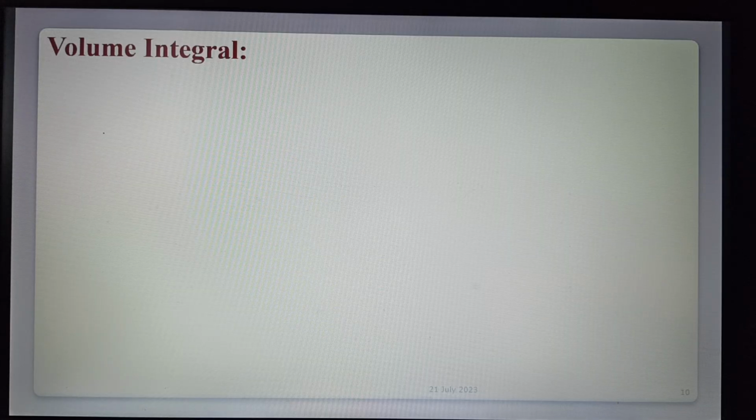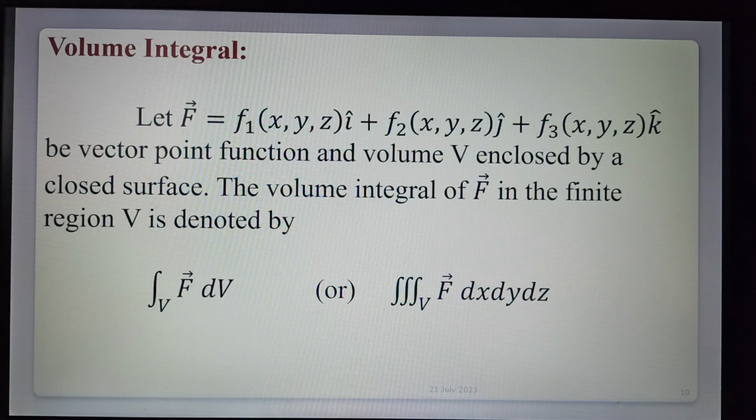So the third one is the volume integral. Volume integral means triple integration in vector form. Let f bar equal f1 i plus f2 j plus f3 k be a vector function, and volume v enclosed by a closed surface.